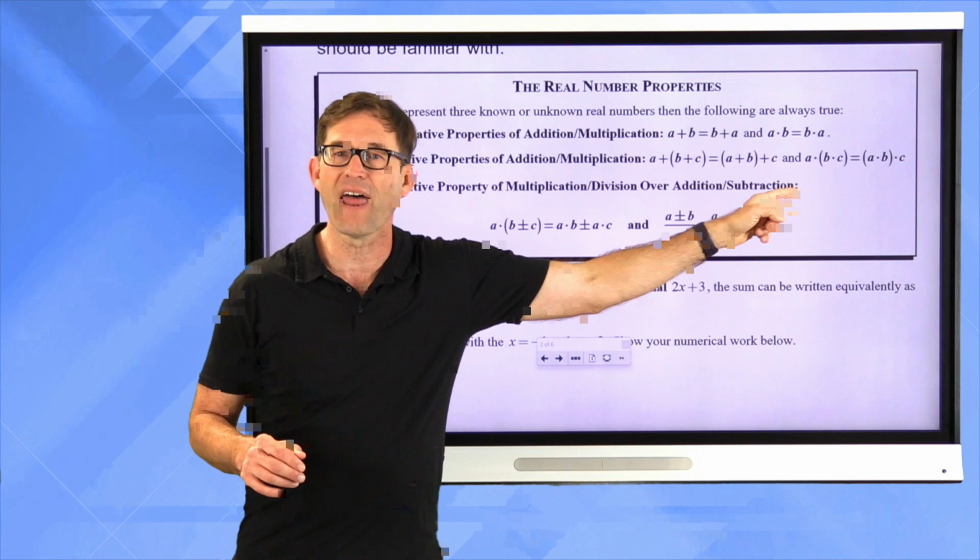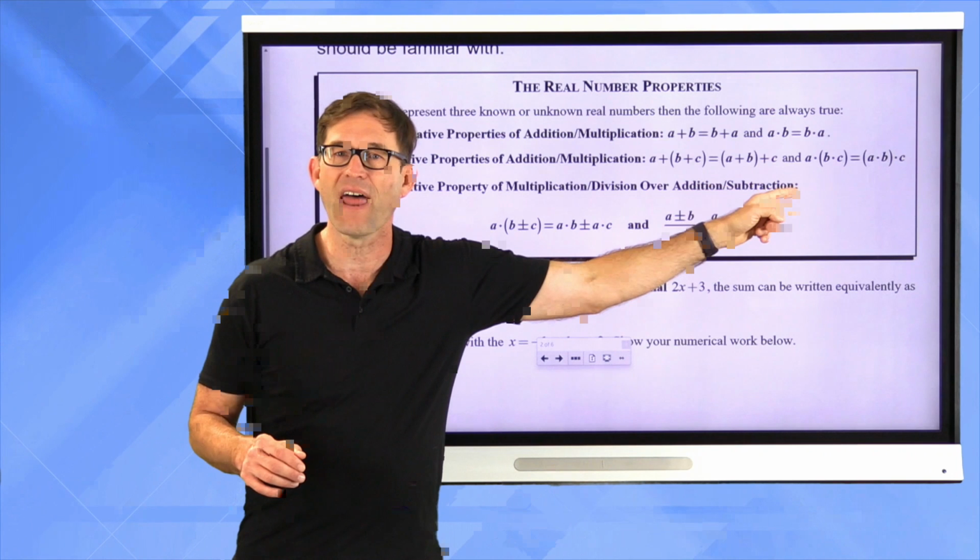So I could take this expression and rewrite it as 2x plus 6 plus 10, right? All I'm doing there is taking 16 and breaking it into 6 plus 10. I'm uncombining the 6 and the 10.